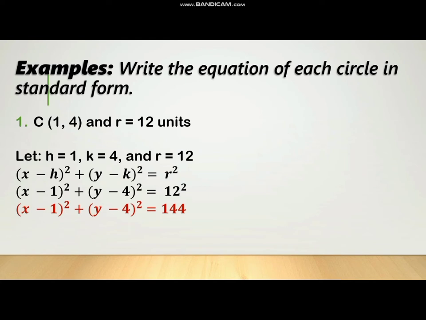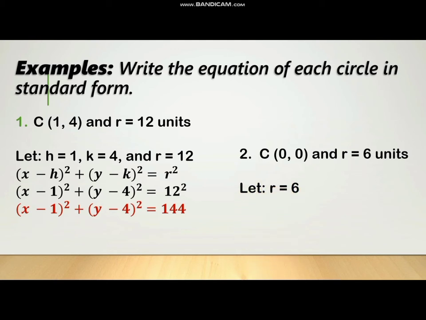So we have the square of x minus 1 plus the square of y minus 4 equals 144. For number 2, we have the center at point (0, 0), or the origin, and the radius is equal to 6 units. So there is no h and no k because it is (0, 0).